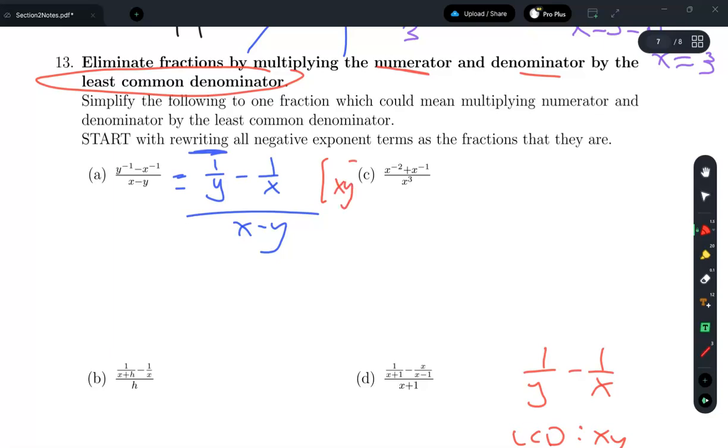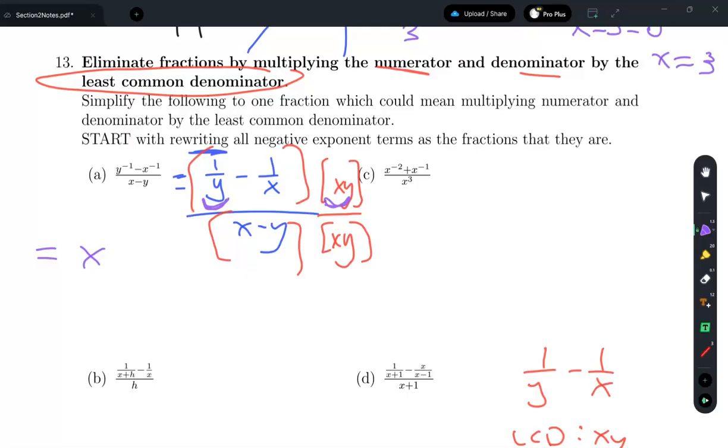So I'm going to multiply numerator and denominator by xy. And I'm going to be careful to distribute. So let's go through here. And I want to cancel as I go to save myself some time. So if I take this 1 over y times this, that gives me x.